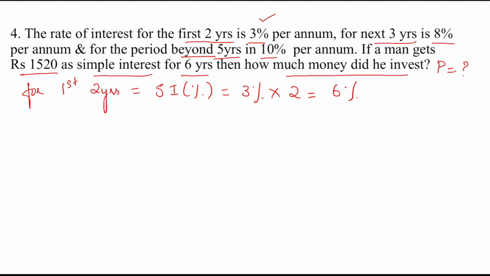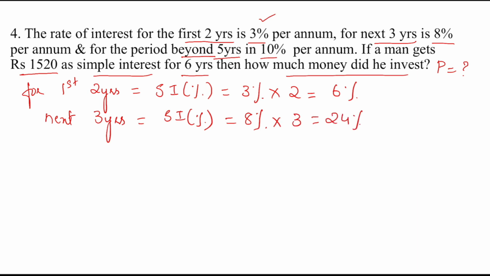SI for the first 2 years is 6%. Then for the next 3 years, SI percent is 8% into 3. So 8 3s are 24%. So for the next 3 years it is 24%.